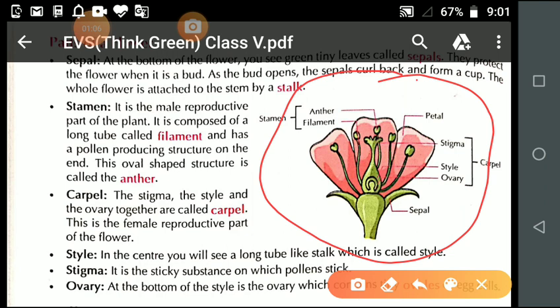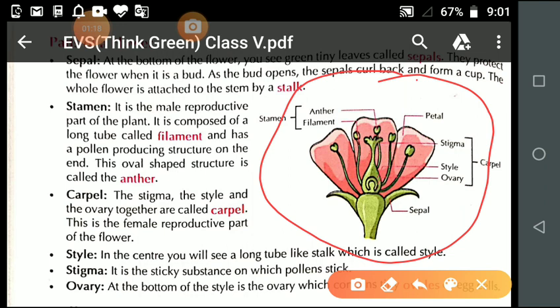Is it clear? And it is divided into two parts: vegetative and reproductive. Vegetative parts of a flower consist of petals and sepals.